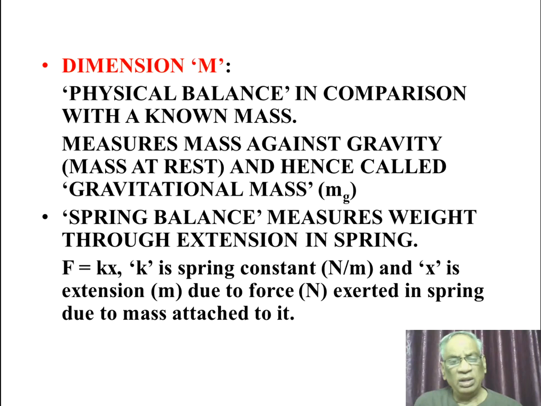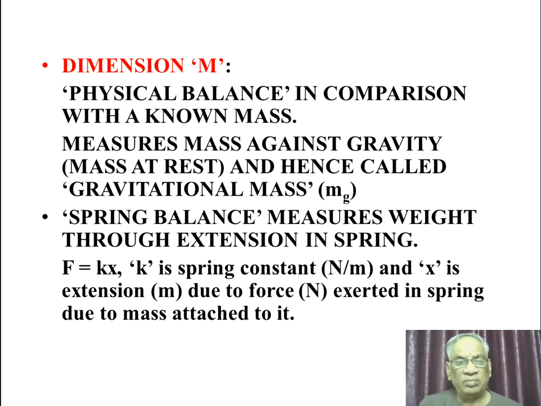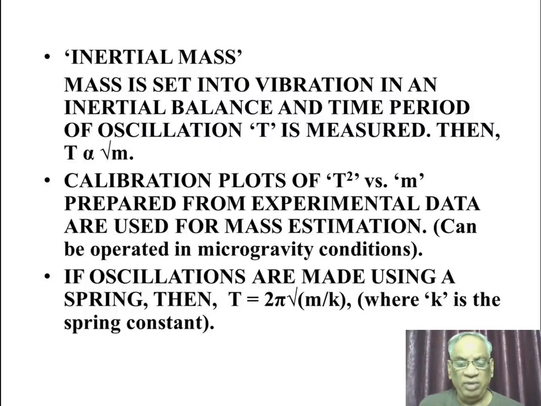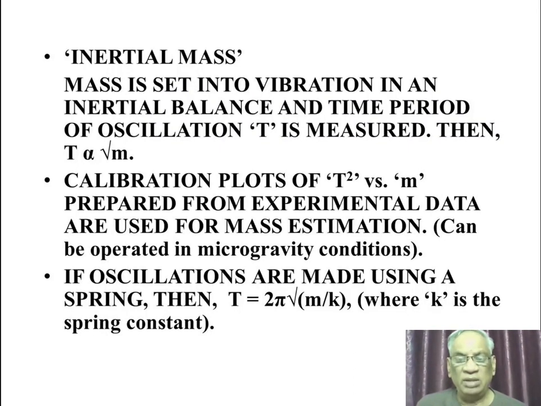X is the extension, and F is the force acting on the spring. So when an unknown mass is attached, you can measure the extension, and using F equals Kx, you can determine the mass attached to this.